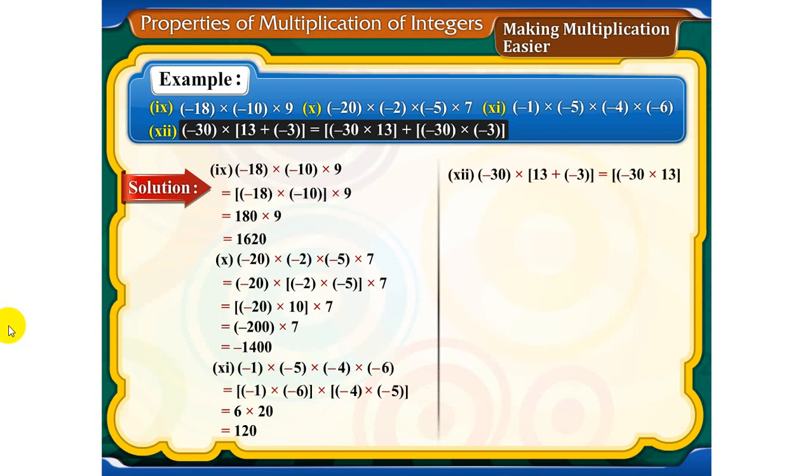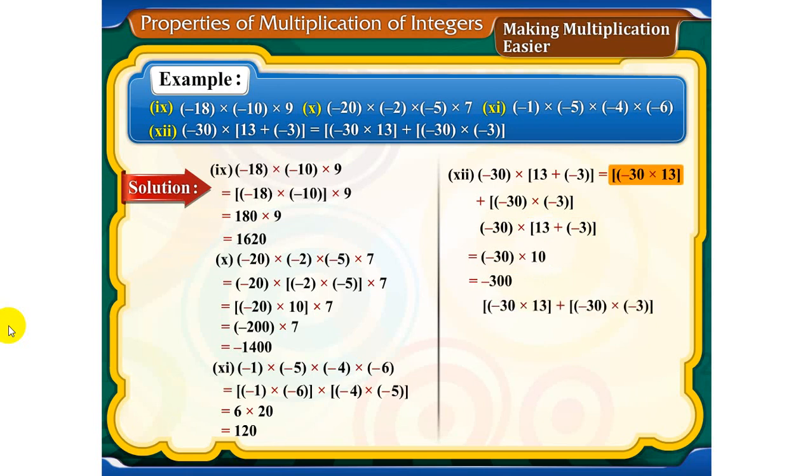12. Negative 30 multiplied by 13 plus negative 3 equals negative 30 multiplied by 13 plus negative 30 multiplied by negative 3. Negative 30 multiplied by 13 plus negative 3 is equal to negative 30 multiplied by 10, which equals negative 300.